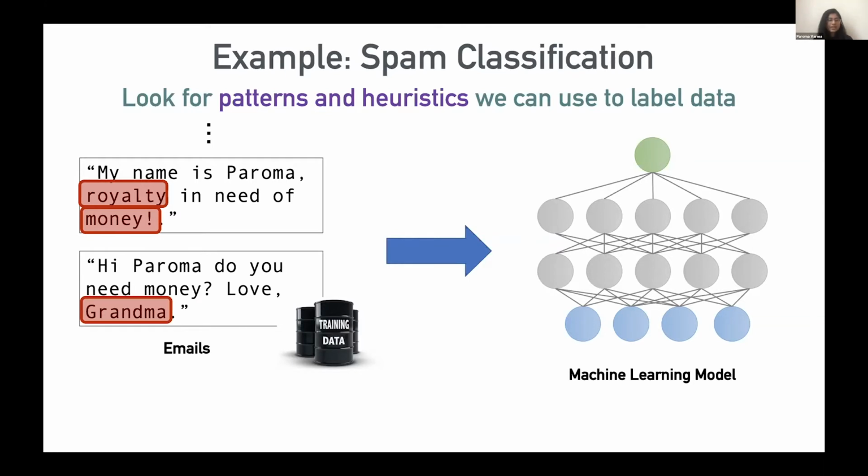But in the same vein, just looking for money is not going to be a very high accuracy heuristic, just because maybe your relative is giving you money for your birthday. But the underlying learning that we had here was that there is a possibility of using some higher level patterns and heuristics to be able to label the training data.